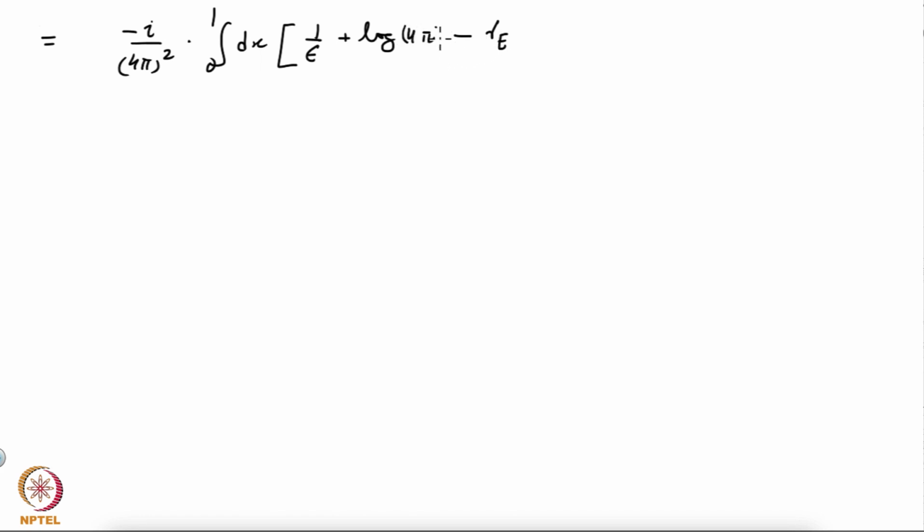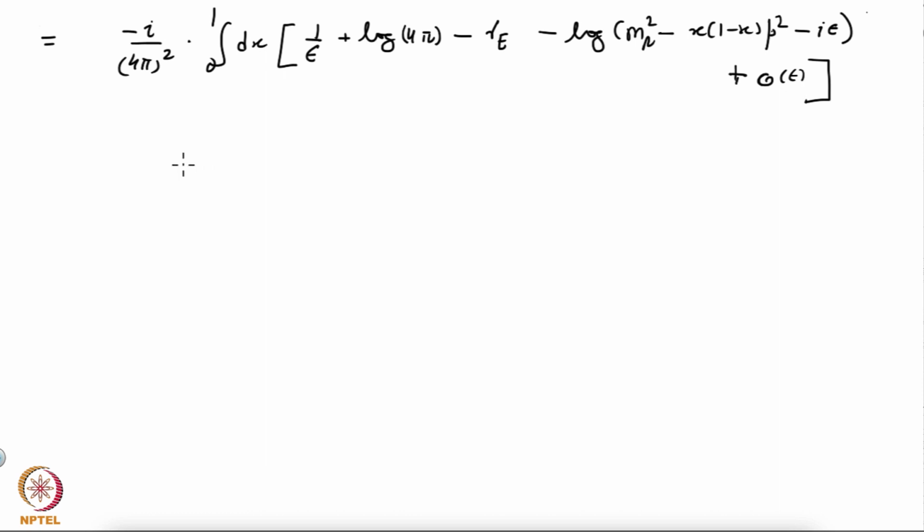You will always find this log 4 pi minus Euler gamma at one loop, plus order epsilon terms. Okay, good. So now we see how the singularity looks like for that diagram.